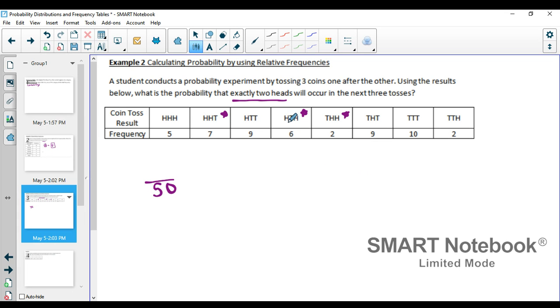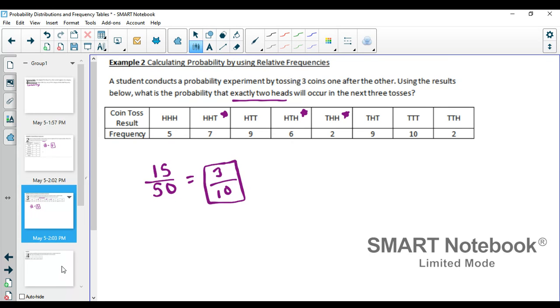Now we're going to add these 3 numbers together. 7 plus 6 is 13, plus 2 is 15. So we're at 15 out of 50. But if we simplify that, we get 3/10. So the probability of getting exactly 2 heads is 3/10.